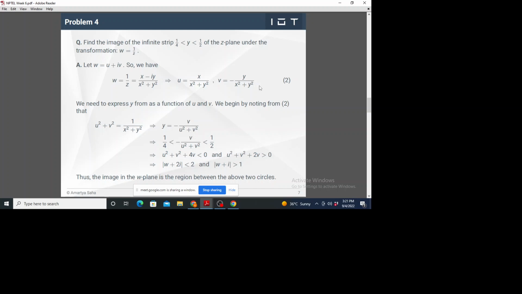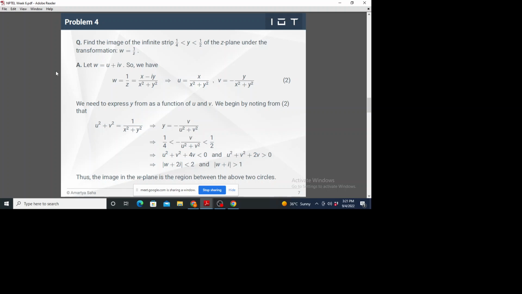So these are the real and imaginary parts of w, and now we have to use the constraint on y. So what to do now? We are given a constraint only on y, but nothing has been said about x, so x can be taken to have any value.